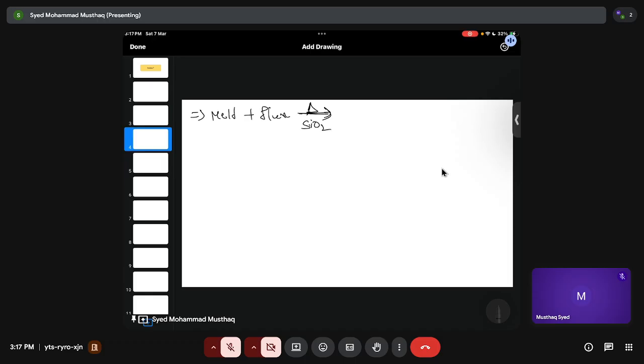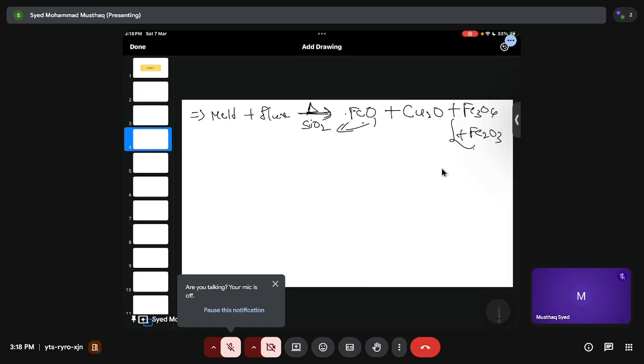FeO is your basic oxide. Now what does this silica do? Silica is your acidic oxide. So this acidic oxide will pick up your FeO, Cu2O and some other oxides. These are very difficult to melt because they have a very high melting point when compared to FeO reacting with silica. So that's why these will get reduced. Okay.